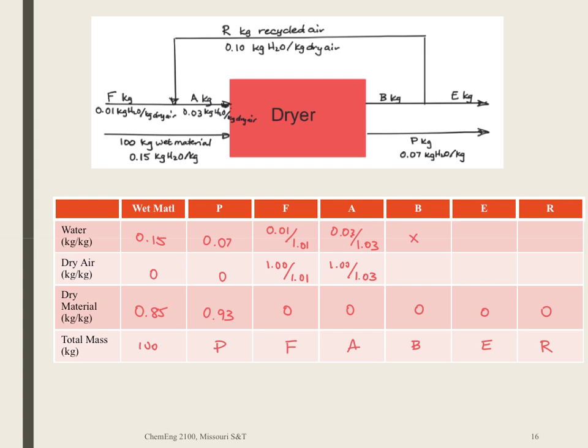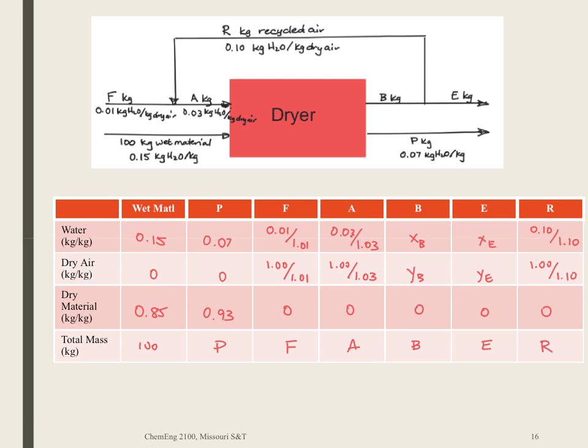I do not know this, I do not know this, I do not know this, I do not know this. But I do know for R that this is 0.1 over 1.1 and 1.0 over 1.1.